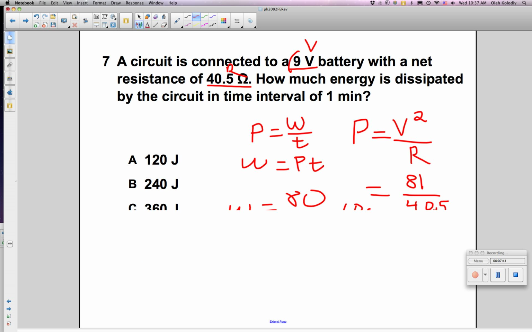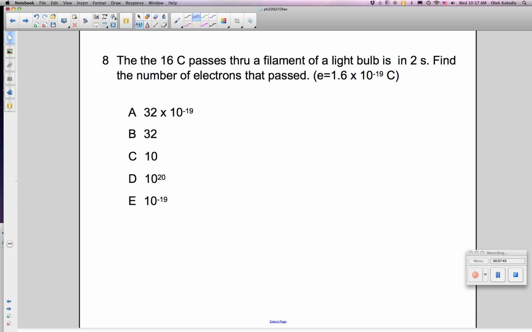So we have 16 coulombs. If the question was to find the current, we would find the current using this equation here: the number of coulombs, which would be 16 coulombs in 2 seconds.